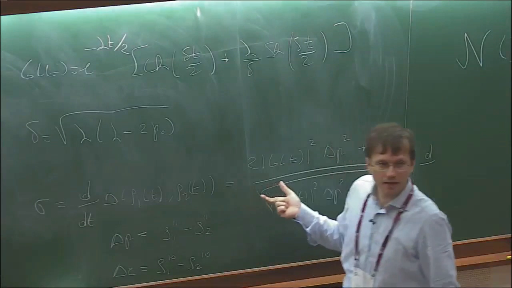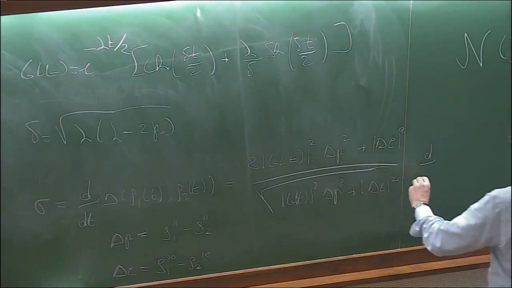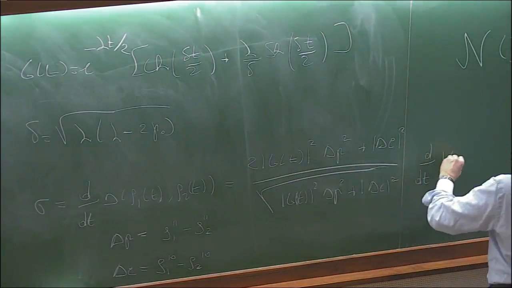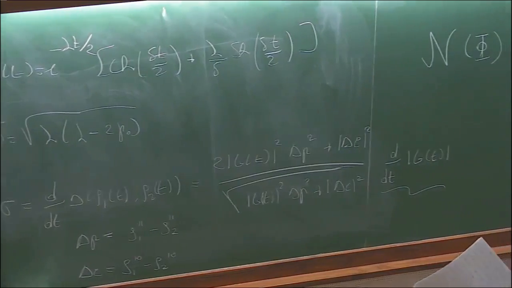So this is a prefactor. It's also important when we look for maximization, but since it has a definite sign, it doesn't tell us anything about Markovianity. The interesting part comes here: the time derivative of the modulus of g. This quantity can be either positive or negative and gives us the information.